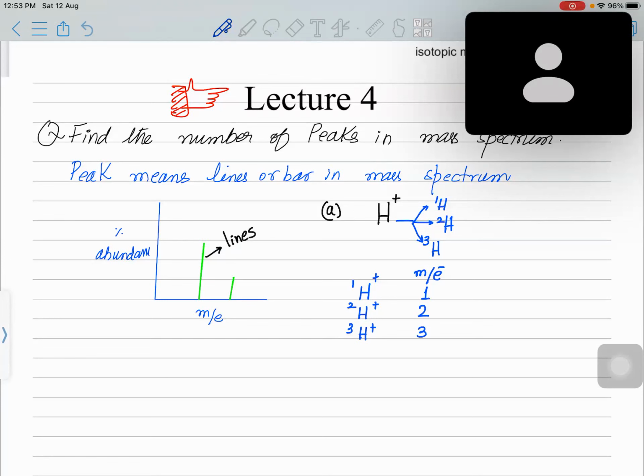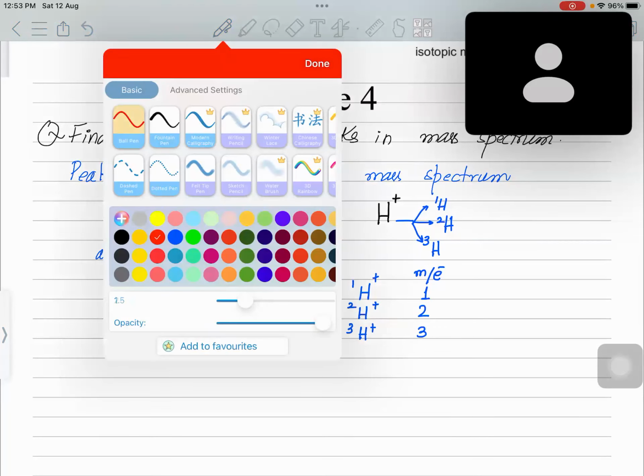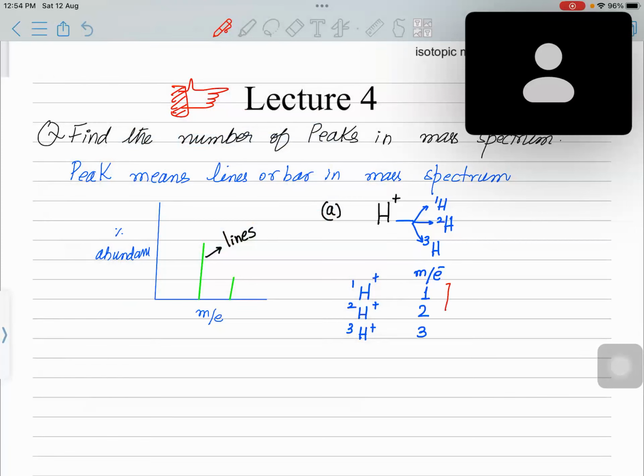So how many peaks? We have 3 peaks: first peak at 1, second peak at 2, third peak at 3. No need to draw the mass spectrum.